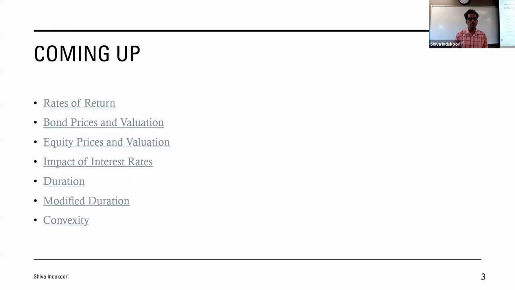So this is how I organized. First, we'll start with the rates of return, then bond prices and valuation, then equity valuation, then impact of the interest rates on this, duration, and finally convexity.